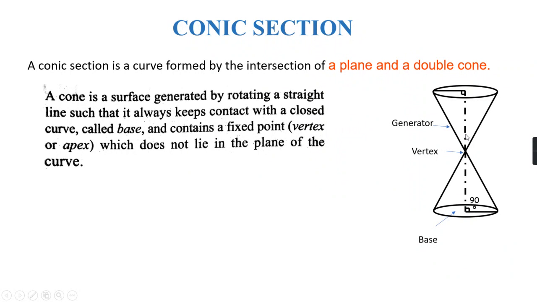Or in other words, if you take a right angle triangle and rotate it, taking the height as the axis, about this axis, then you will get a cone.